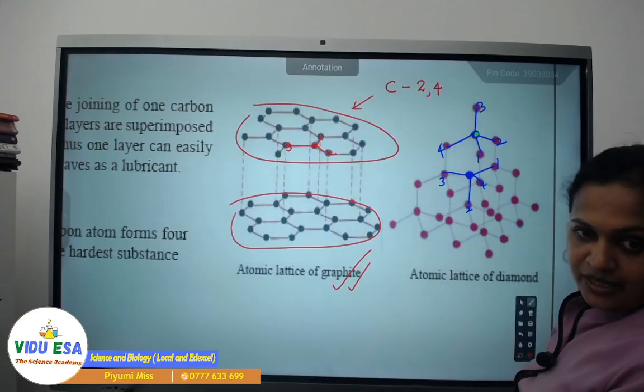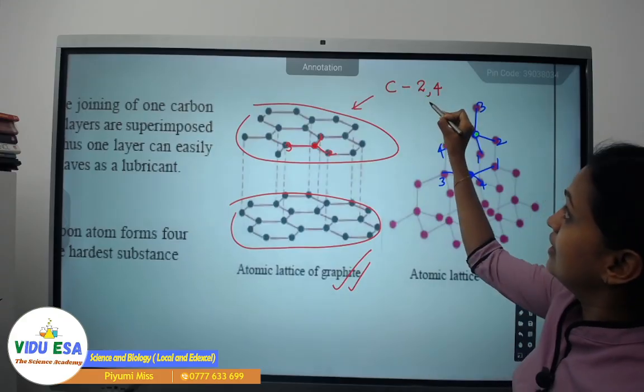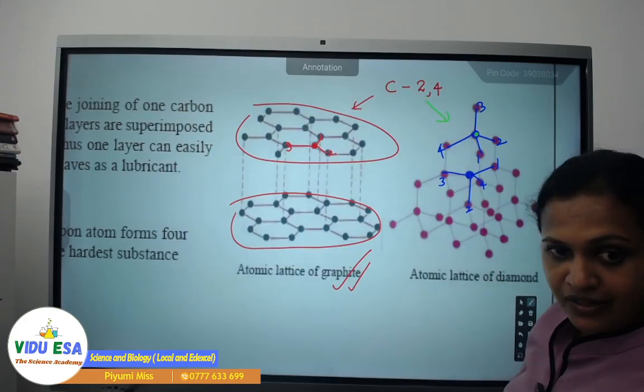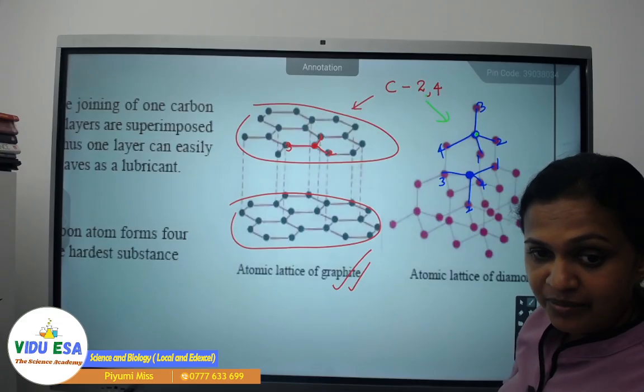One carbon atom is bound to another 4 carbon atoms. So all the 4 valence electrons have taken part in chemical bonding. Because of that, diamond has got a very high density.